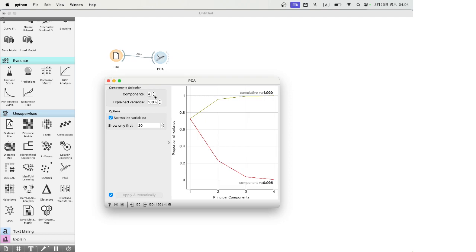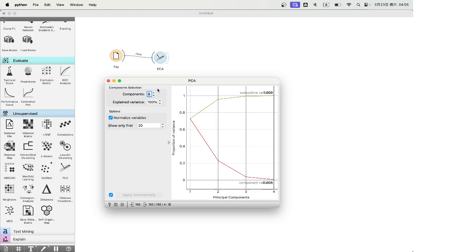If we use only 3 components, it says 3 components have 99% of variance. If we use only 2 dimensions to represent the Iris data, the total variance would be 95%. And if we use only 1 dimension, which is principal component 1, then the explained variance would be 72%.